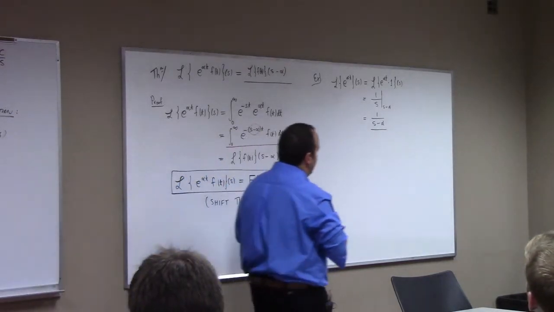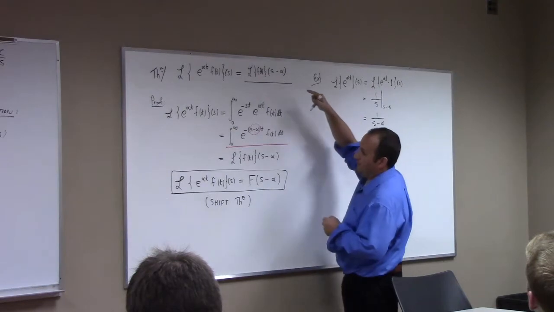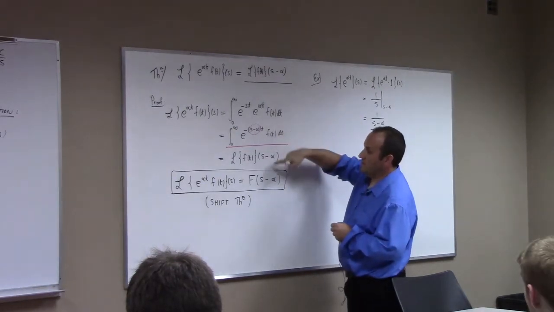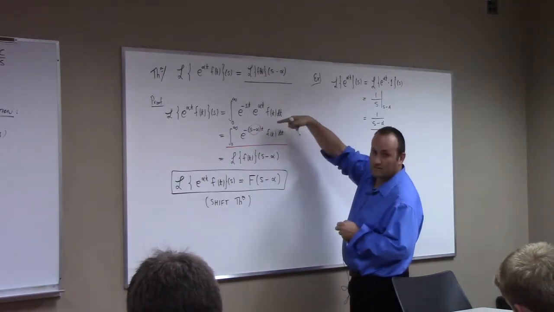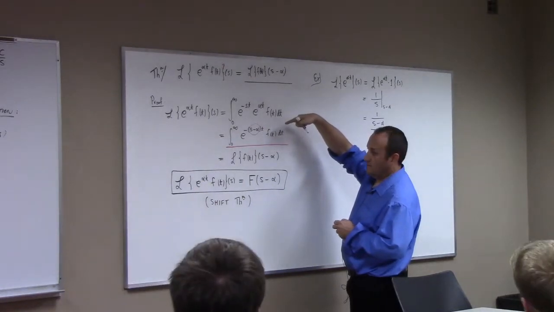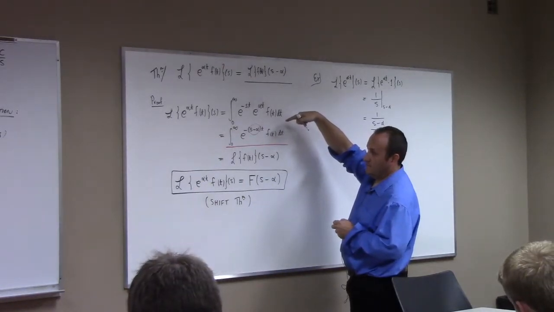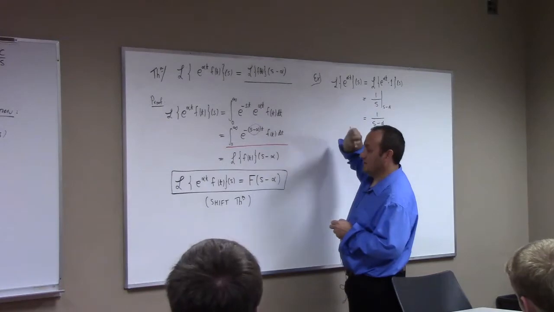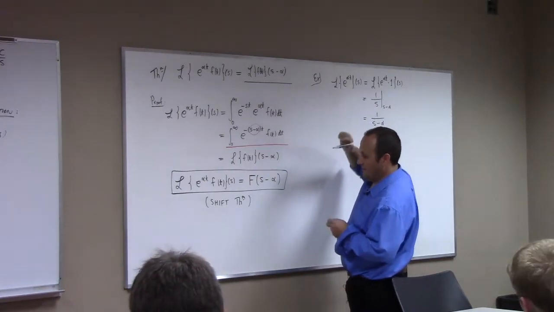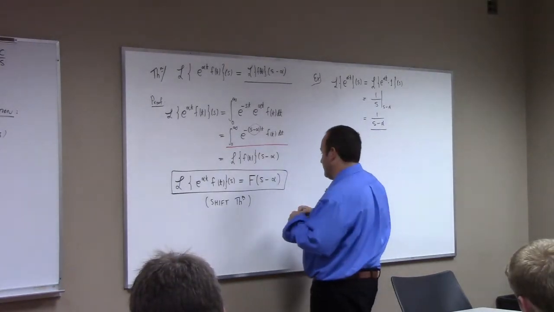Now, if you go through the details of this, by the way, this integral converges when? There's a little bit of fine print that I've glossed over here, but to be clear, this is for s greater than alpha.